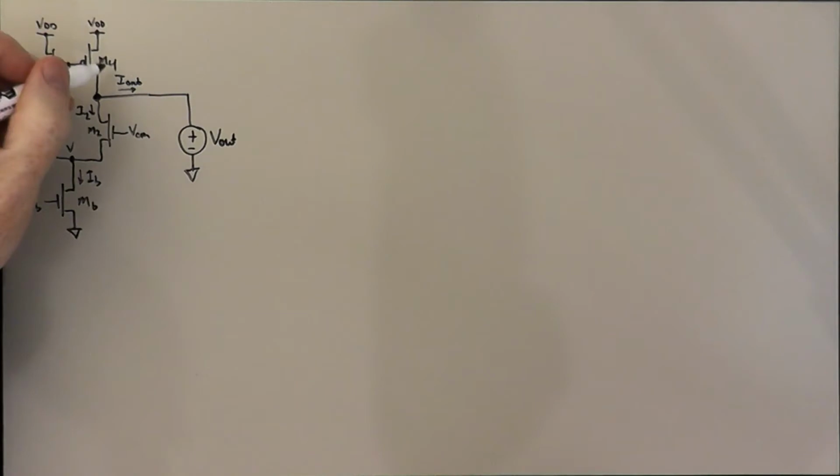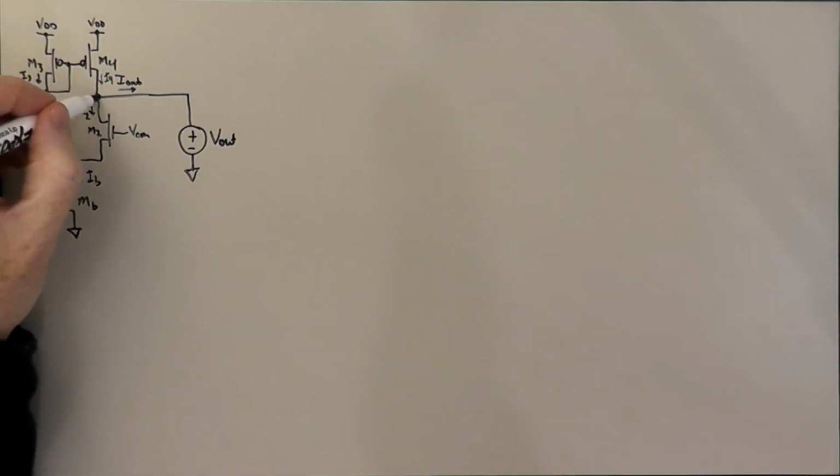I3, and I4. You remember we said that in this condition, with VCM on both these two inputs, the two currents, I1 and I2, would be equal to IB over 2.